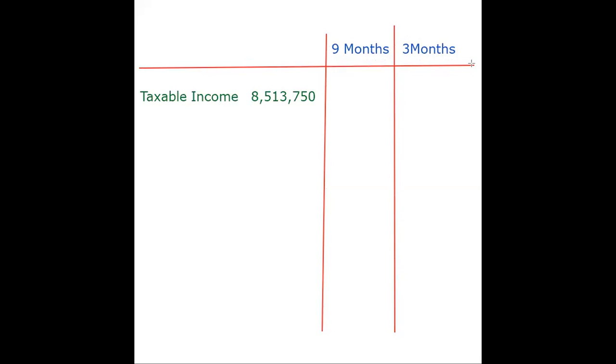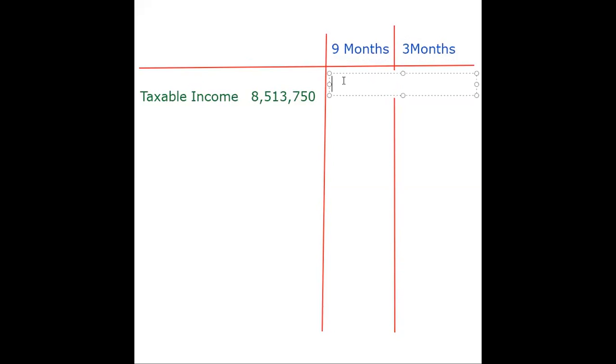The taxable income you have arrived at, you need to take whatever is proportionately applicable for the 9 months and 3 months separately, right?